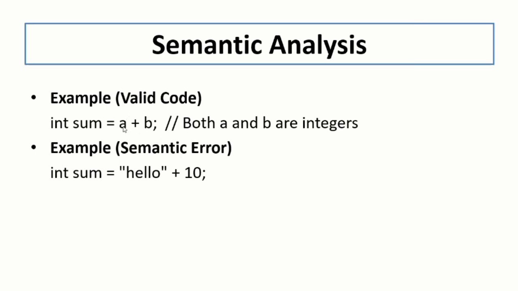Instead of a, if I substitute the string hello, it cannot add a string and the integer 10. At that time you will get a semantic error. The functions of semantic analysis are checking variable declaration before use, ensuring correct data types in expressions, and verifying function return types and parameter matching. Here semantic analysis verifies whether the program has meaningful logic.